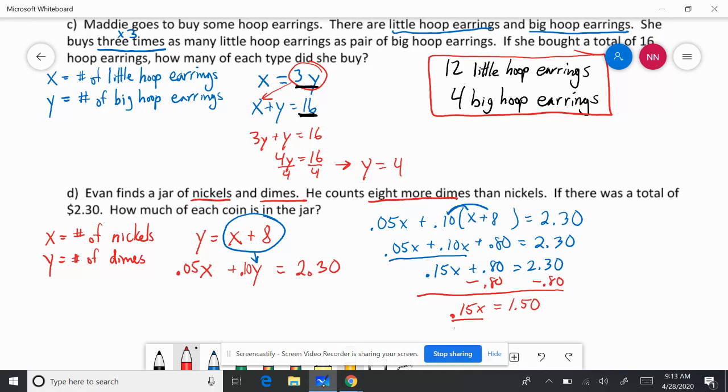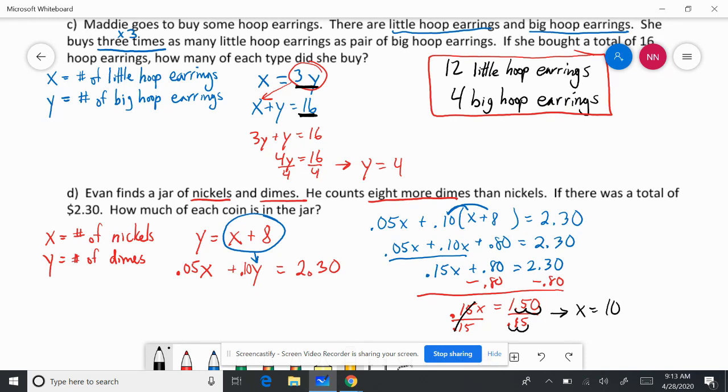I'm going to divide it by 0.15. And if you remember from a while ago, whenever we divide, we're moving the decimal over twice. So we move the decimal over twice. 150 divided by 15, x is 10.